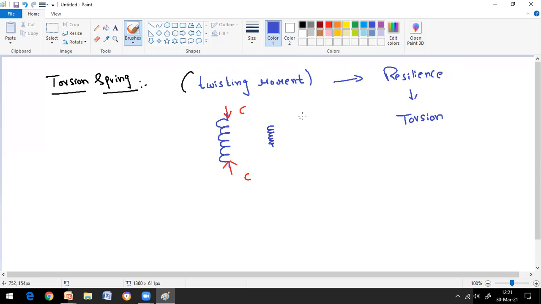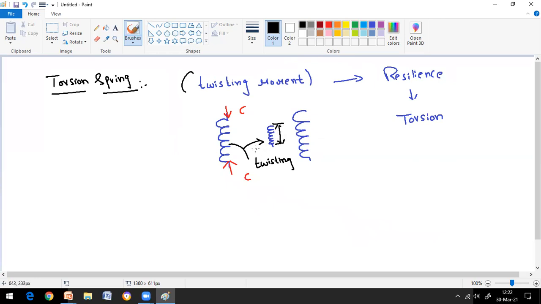So when you release the load, again the spring will come back to its original position. So here what's happening, from original length to deformed length, the spring is reducing in its length due to twisting. Due to twisting only, you can see the reduction in length of the spring. Understand?